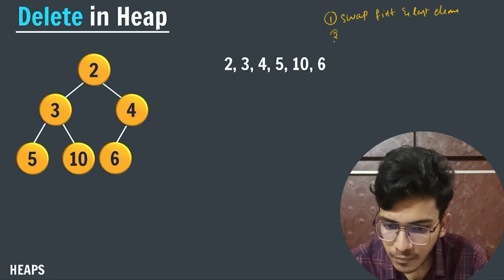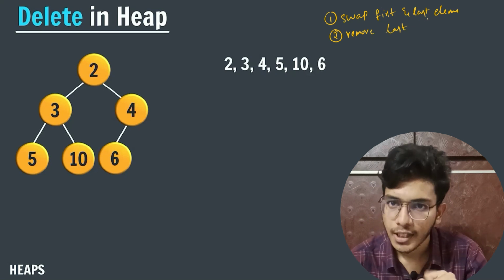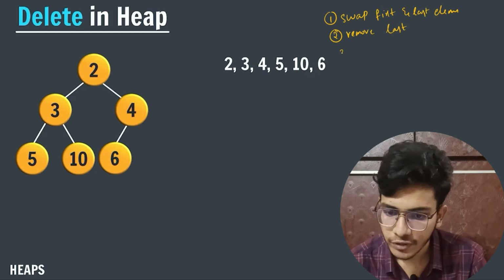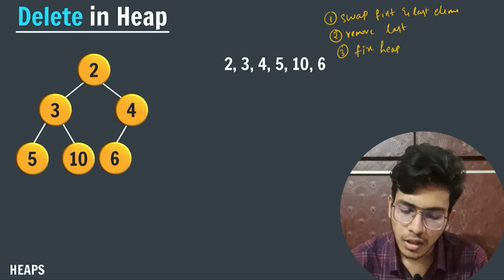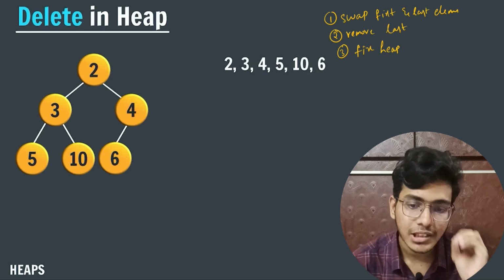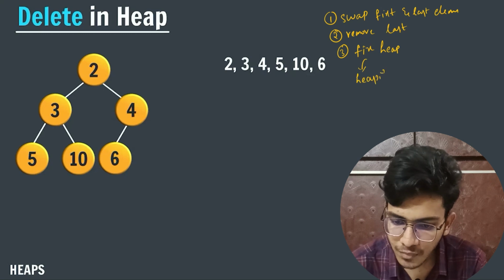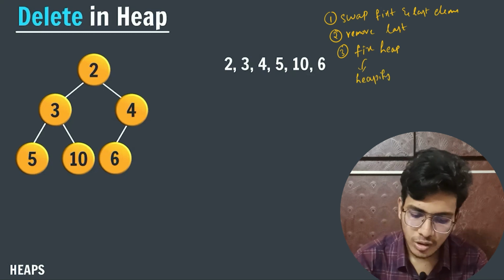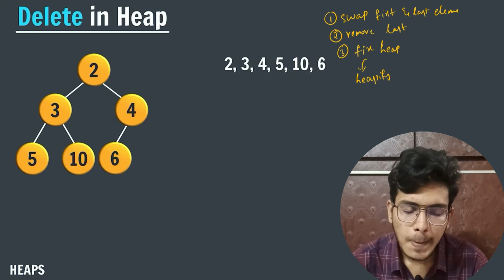After that, remove the last element. After swapping, whatever element you have at the last, delete that. The third step is to fix your heap. Whatever unbalanced heap you have, you need to fix it, and we can fix it by using a function called the heapify function. This is how we remove a particular element in my heap.